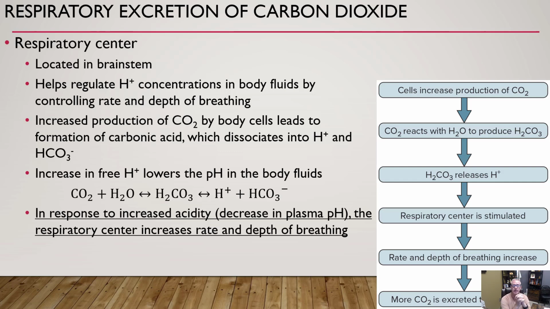We learned that in the respiratory chapter. So if our carbon dioxide goes up, our hydrogen ion concentration goes up, therefore our pH goes down. And if our carbon dioxide level goes down, our hydrogen ion concentration goes down, and our pH goes up.